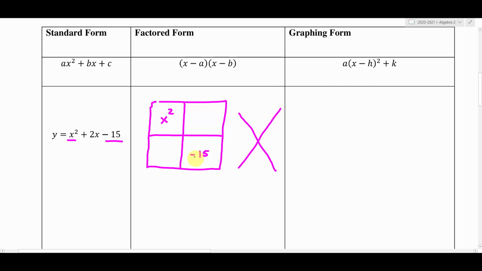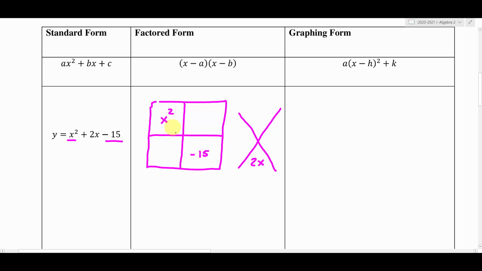Okay, so we know that these 2 boxes have to add to give us 2x, because that's what's left of our equation here. So I'm going to put a 2x in the bottom of my diamond. The other thing that we know is that these 2 boxes, this diagonal right here, the x squared and the negative 15, have to multiply to give me the same thing as my blank diagonal.